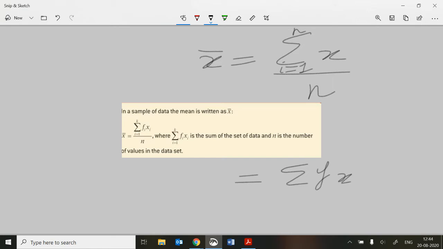So if you've got lots of values which are the same, maybe you have 100 people who've got a shoe size of 8, you want to do 100 times 8. You don't want to keep adding all those 8s together.